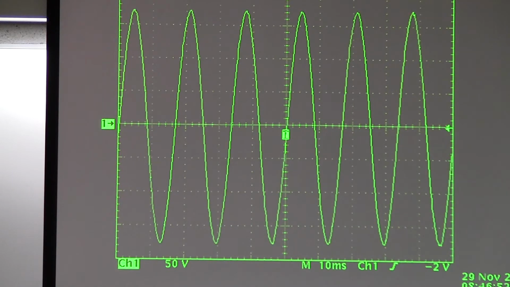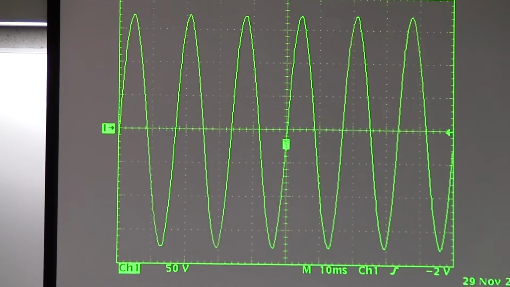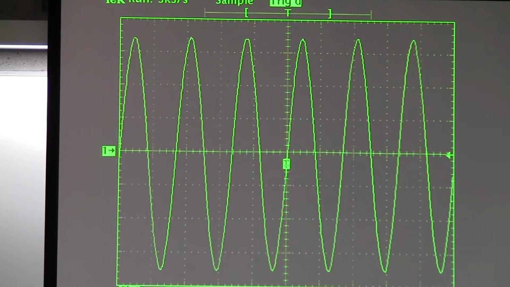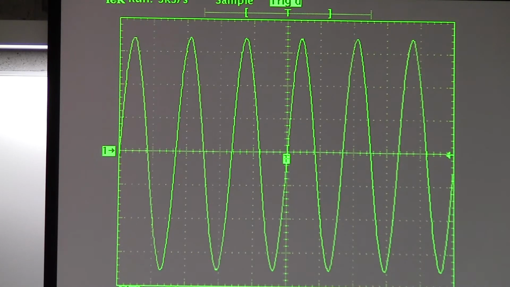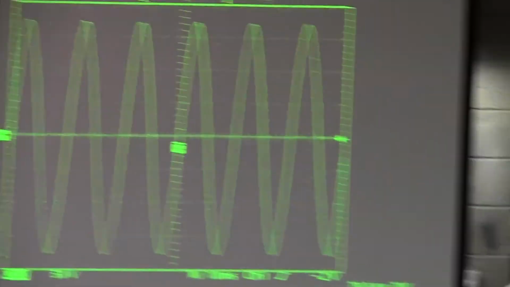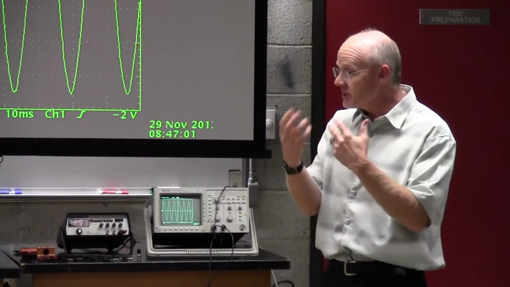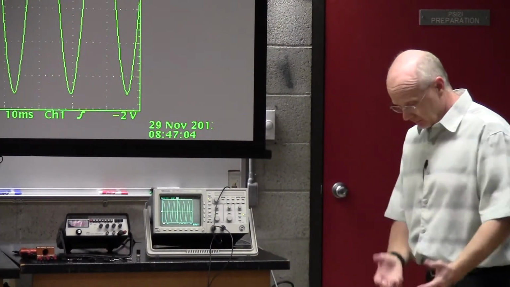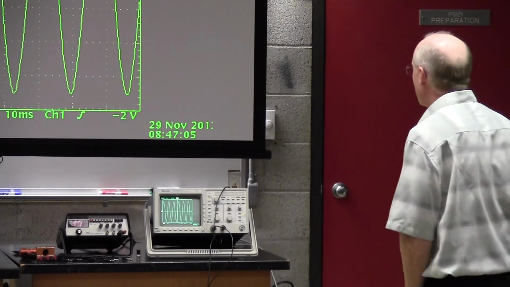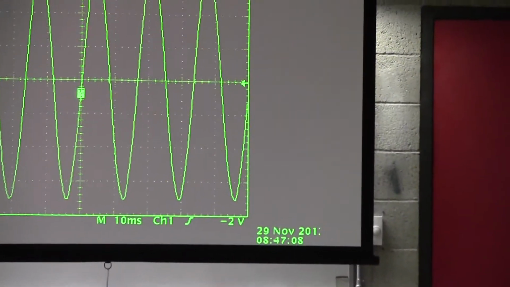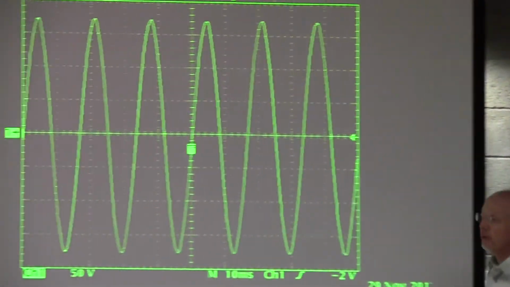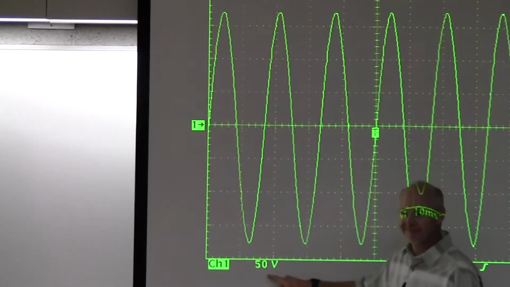And so the oscilloscope should measure the voltage. And that's my point. My point is to prove by using the scope that what we have is a voltage that is generated by this spinning generator here. Now, let's take a look at some of these numbers. Notice, these are pretty big. How many volts per division?